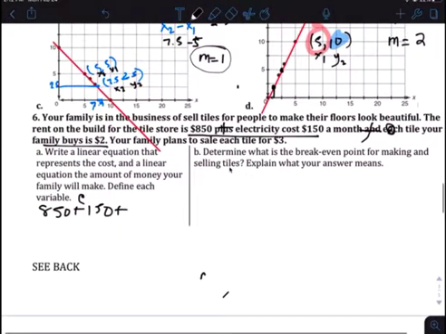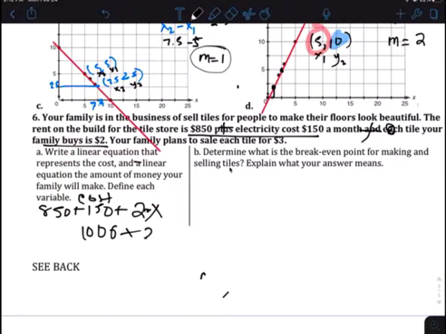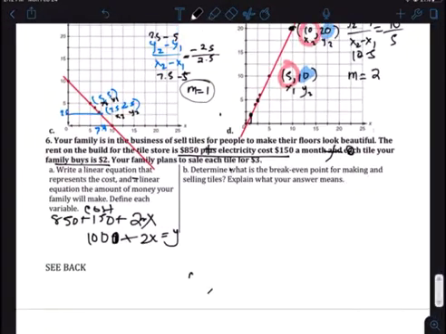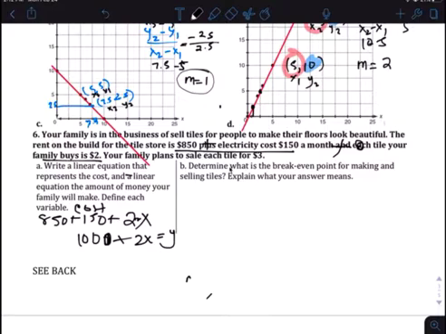So this is a cost, plus $2 each. So you get 1,000 plus 2x equals y. And this is 1,000. Your family sells each tile for this much, so this is their income.